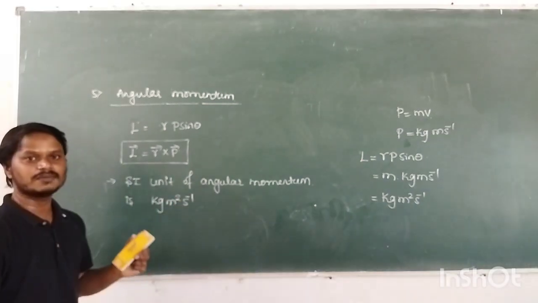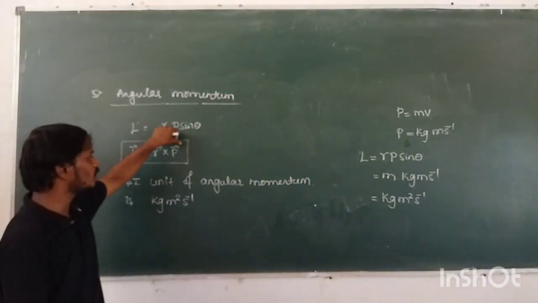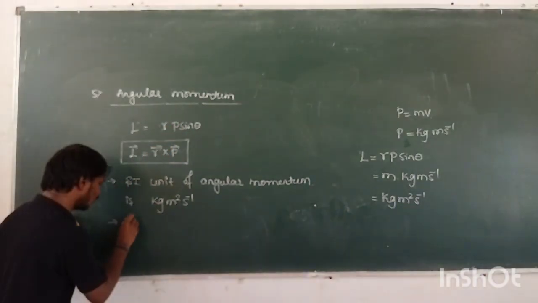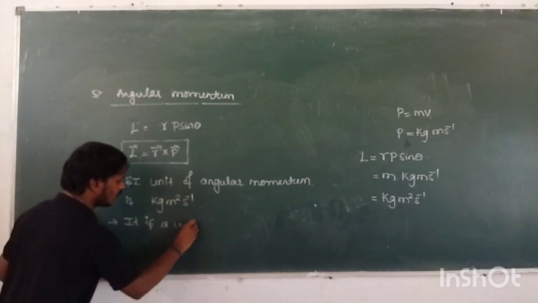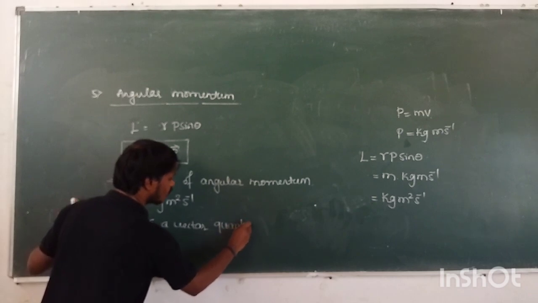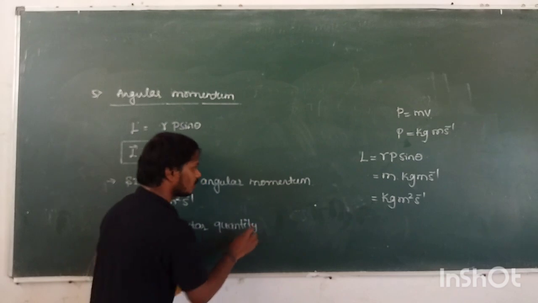And angular momentum is also a vector quantity because it is the cross product of position vector and linear momentum vector. And when is the angular momentum of the rotating body maximum?